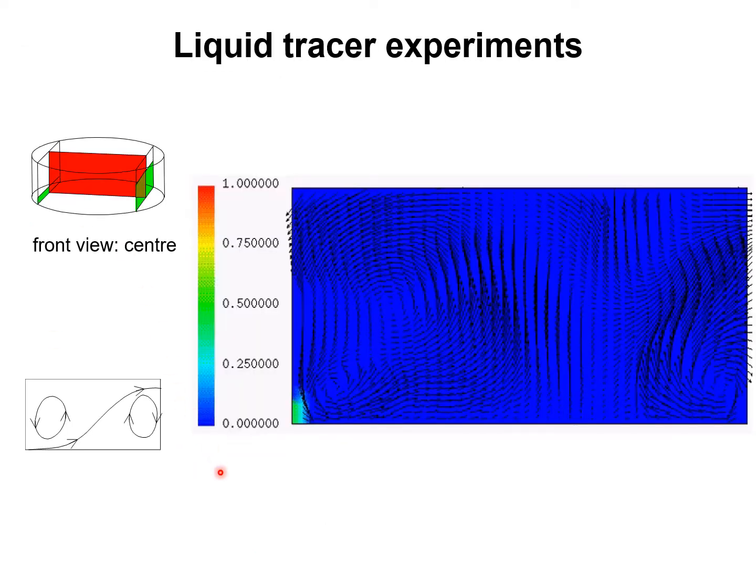To quantify the liquid mixing characteristics on the sieve tray, we inject a liquid tracer at the liquid inlet here and follow its trajectory or concentration as it moves out of the tray.